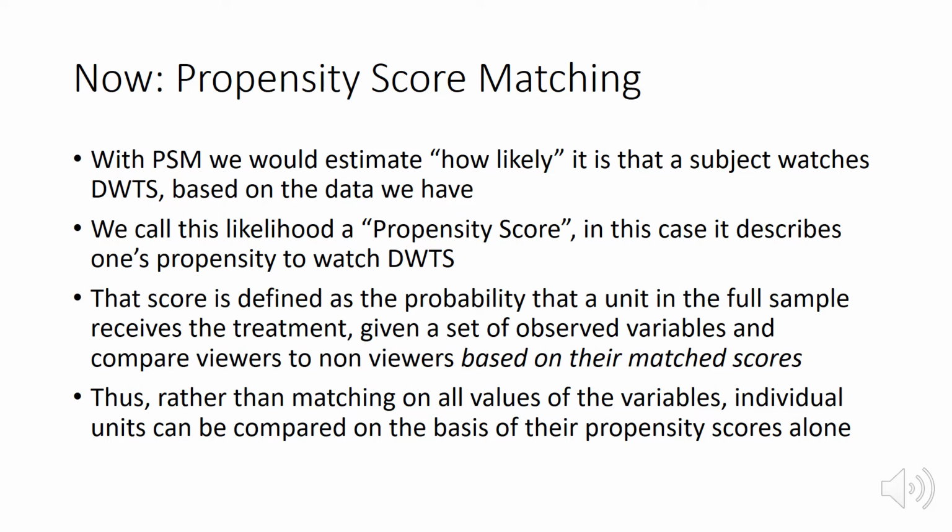In other words, we are comparing watched versus didn't watch based on your matched scores. Propensity score matching, that's the identification strategy. We are comparing units based on their propensity scores alone.